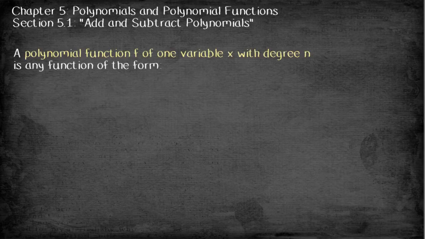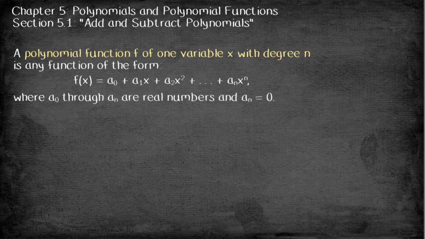Specifically, a polynomial function f of one variable x with degree n is a function that looks like that. f of x equals a0 plus a1x plus a2x squared plus, all the way up to an x to the n, where a0 through an are real numbers and an is not equal to 0.